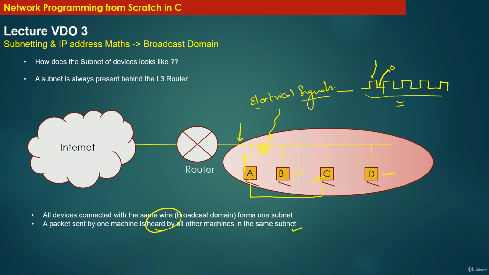Now whether machine B and machine D want to detect those signals and process them or not depends on certain criteria.